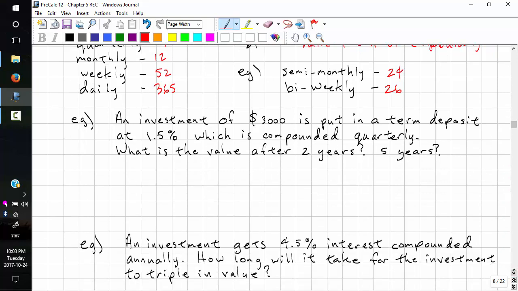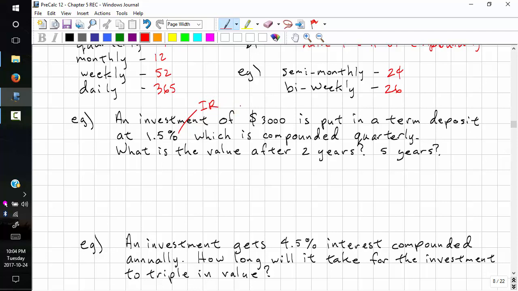Okay, let's look at some problems. An investment of $3,000 is put into a term deposit at 1.5%, which is compounded quarterly. What is the value after 2 years and 5 years? So we have to decipher this. This is our interest rate. So we call it IR when it's a percentage.